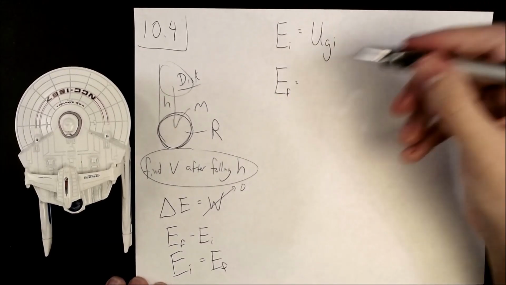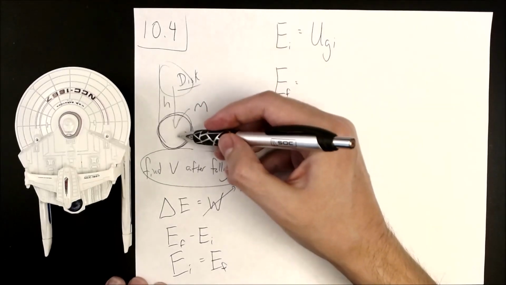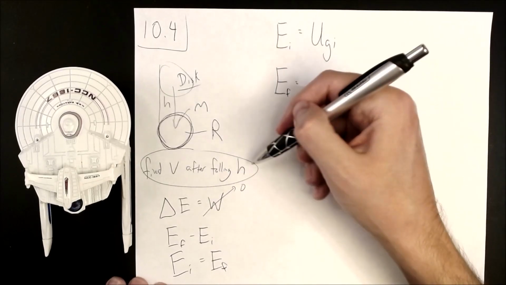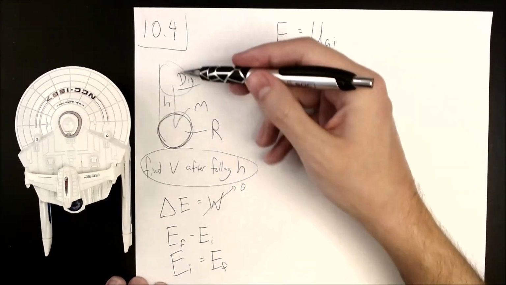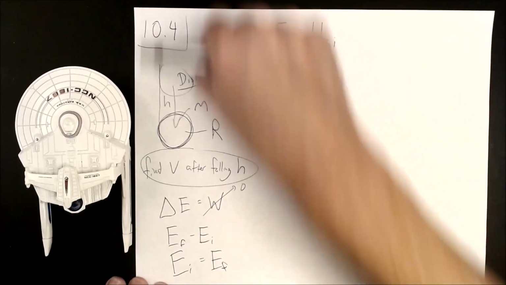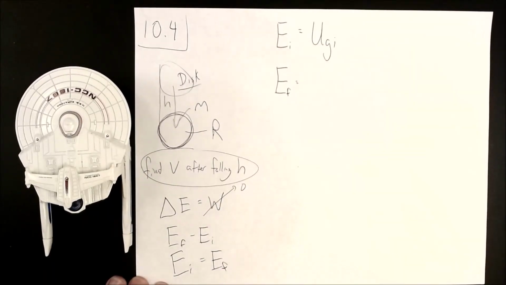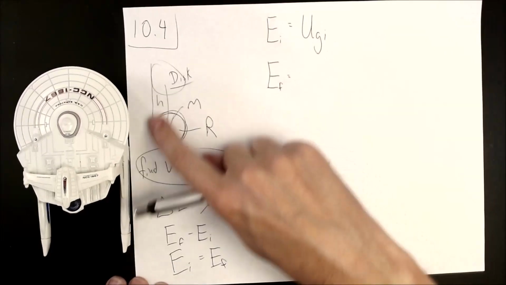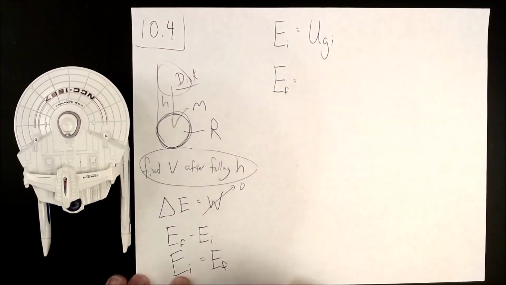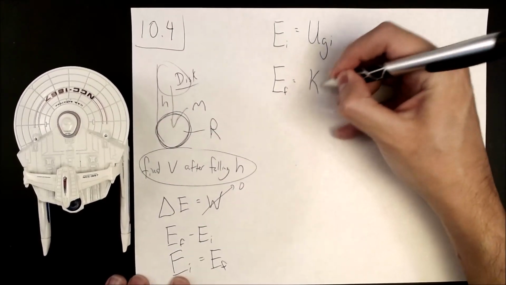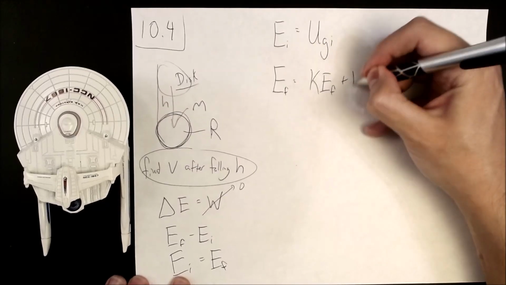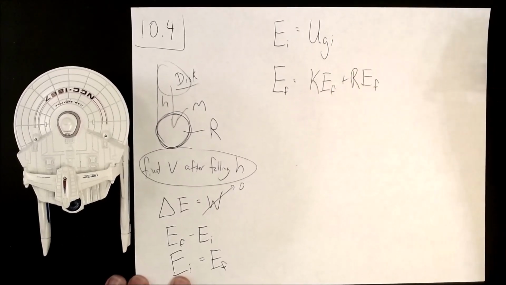I've lost all my gravitational potential when I've fallen down a height h, but now I've got some kinetic energy. It's falling down, so I've got kinetic energy, and I've got rotational energy from it coming down. So I've got kinetic energy final plus rotational energy final.